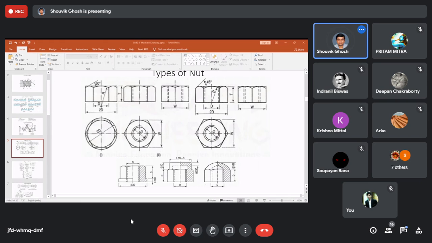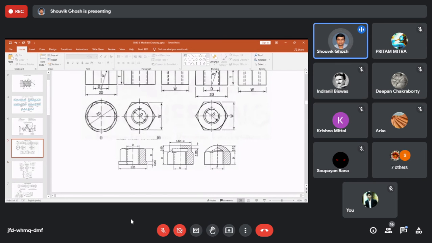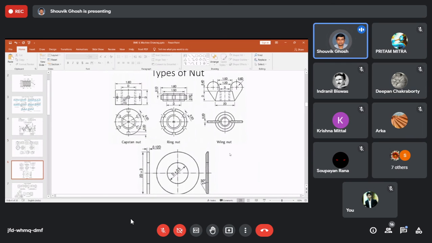Okay. And you will find square nut also, যেটা আমি বলছিলাম, you will have examples of hexagonal nut and square nut. Okay. And in the types of nut, you will have these options: the capstan nut, ring nut, wing nut, all this will come into effect.